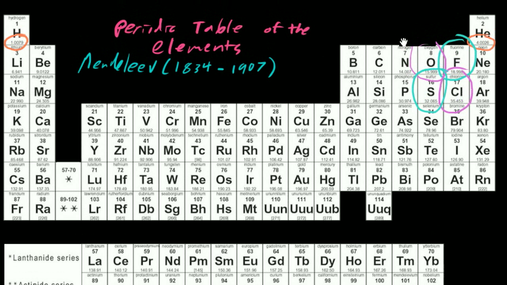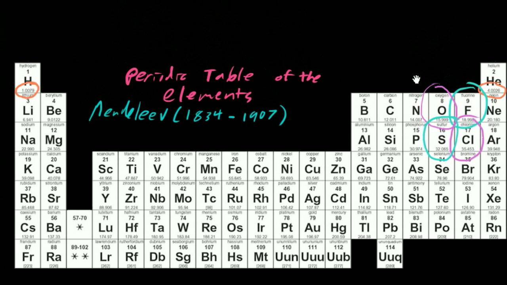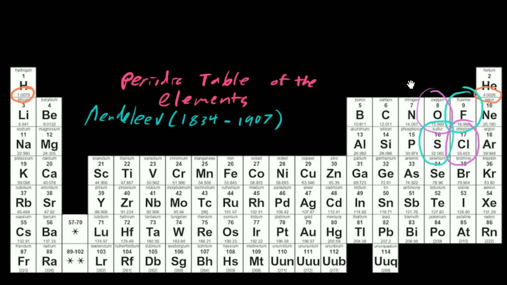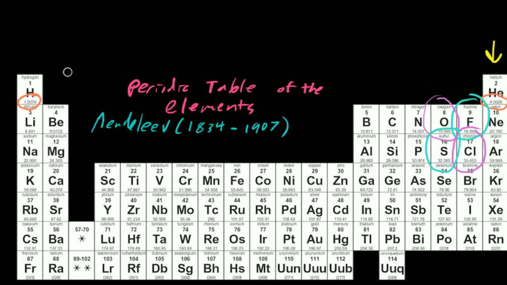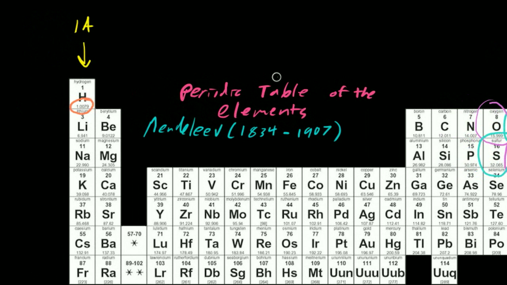Generally, pretty much all of the traits he noticed occurred in terms of these columns. That's the other thing to realize about the periodic table: we have these columns, which are groups. I think this is group 1A. So we have groups going down, and what we have going across are the periods.